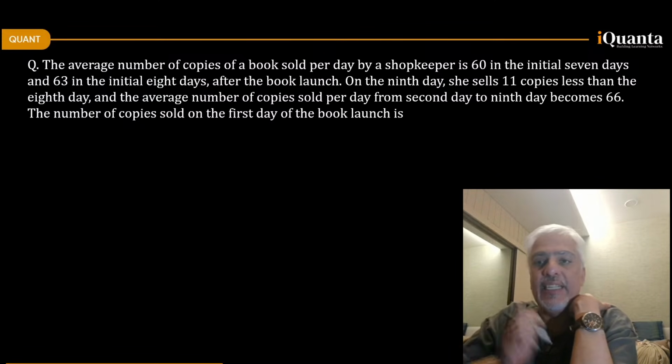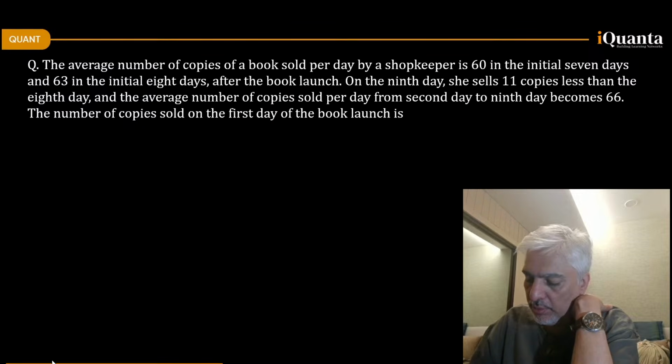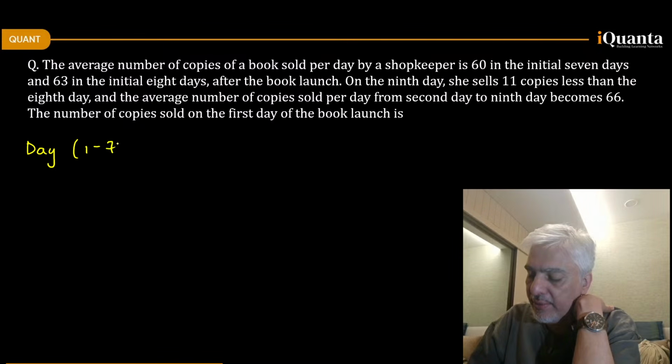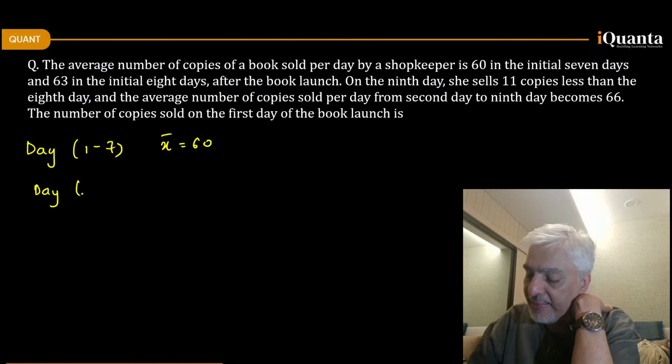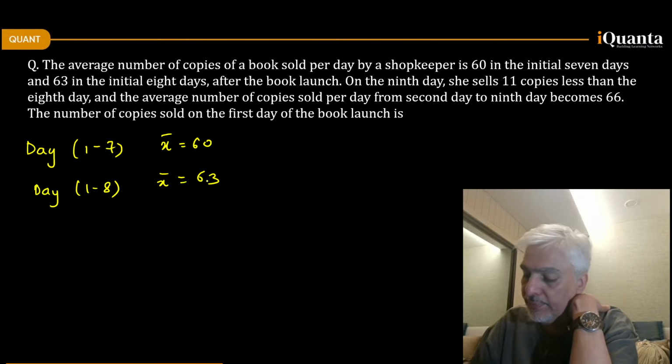I'm just putting the data down. Day 1 to 7, average is 60. Day 1 to 8, average is 63. Ninth day, if I get the 8th day, it is 8th minus 11.